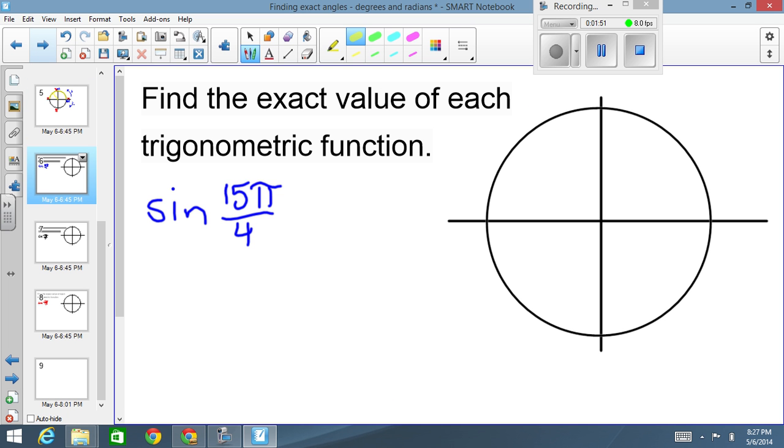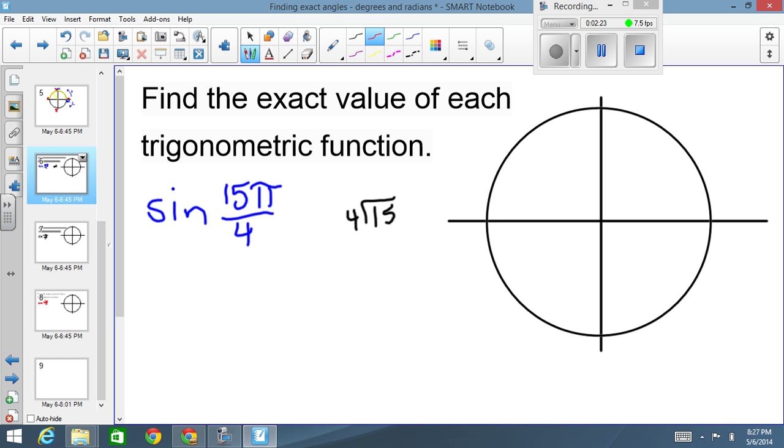So we want to find the exact value of each trigonometric function. The sine of 15 pi over 4. Well, first thing we got to do is find where the angle 15 pi over 4 is. Best thing to do, take 15, divide it by 4, and let's just see what mixed number we come up with, because that'll give me a whole portion of this and also a part of this.